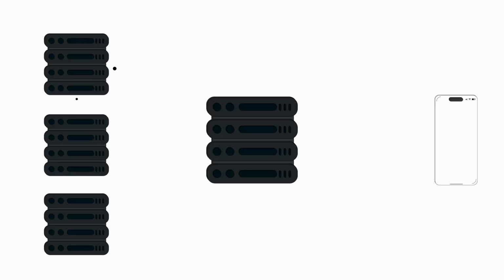Now that we have many microservices, we need a single entry point for our client. This is the API gateway. Think of it as the front door of your system. Instead of the client needing to know all of the addresses for every single service, you just send one request to the gateway.